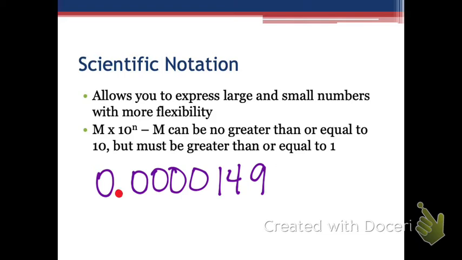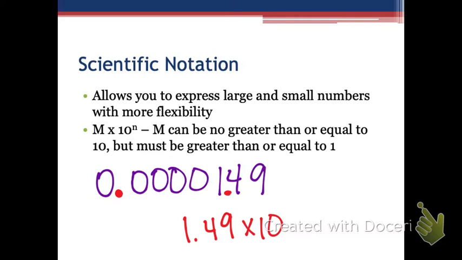Between what two numbers? Between the 1 and the 4, because I want mine to be between 1 and 10. If I put my decimal place here, now my number is 149. That's no good. If I put it here, it's 14.9, but if I put it here, it's 1.49. So now when I write it out, I would write 1.49 times 10 to the, and then I've got to decide, is my exponent going to be negative or positive?